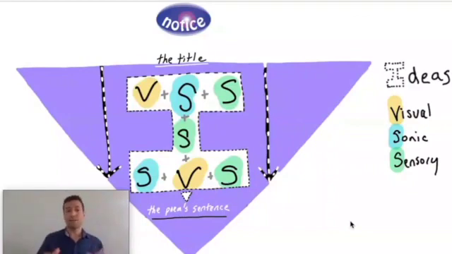So think about it this way. If you start with the title, and you literally sit into what the ideas are with the title and how those ideas move across the poem, you're going to see that the visual level, the sonic level, the sensory level are all there working with the ideas, leading ultimately to the poem's sentence. And that is the experience, okay?